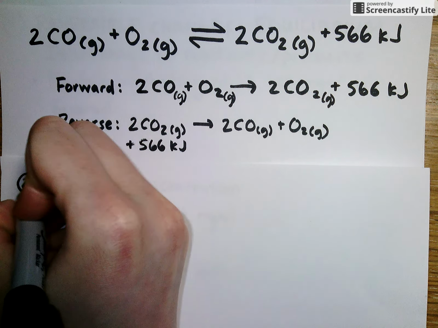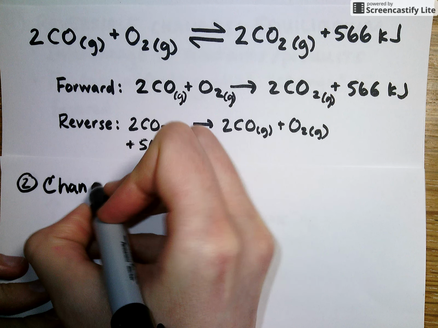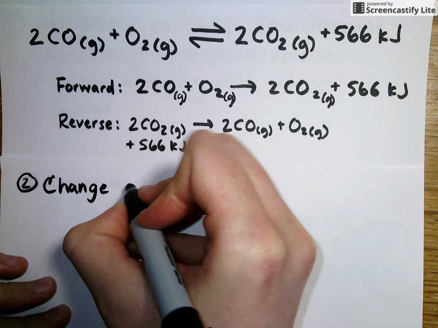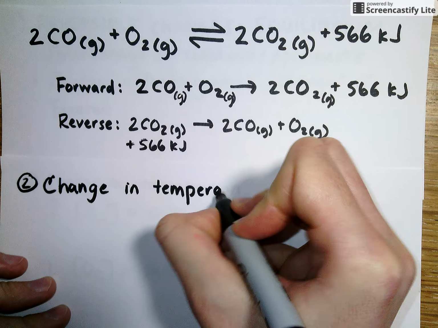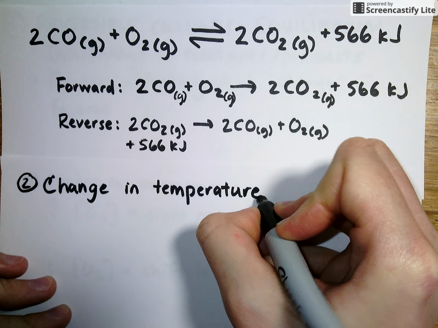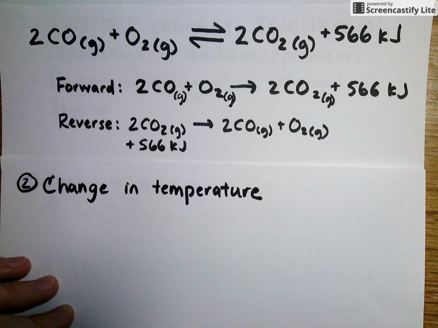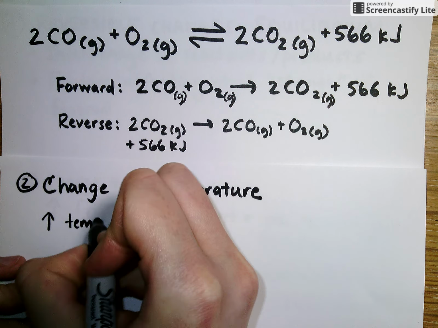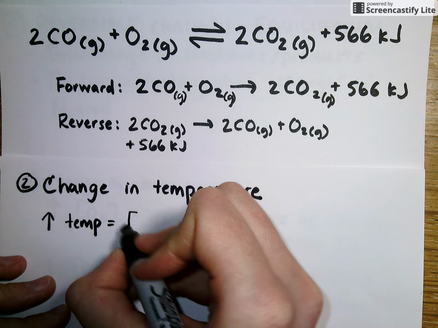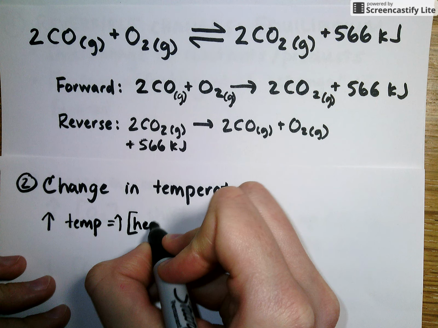So if I change temperature, I'm going to affect the rate of either the forward or the reverse reaction, favoring one over the other and disrupting my state of chemical equilibrium. For this particular reaction, if I increase the temperature, that's kind of like increasing the concentration of heat.